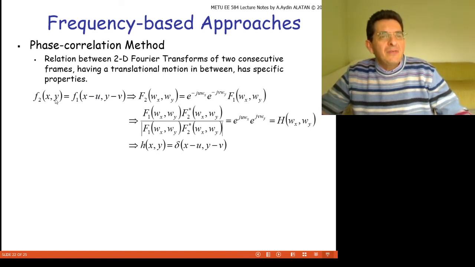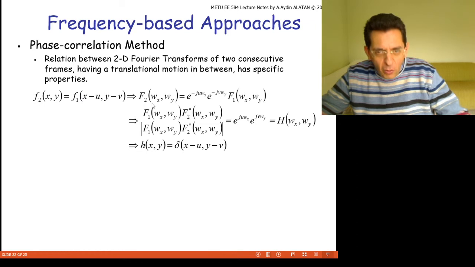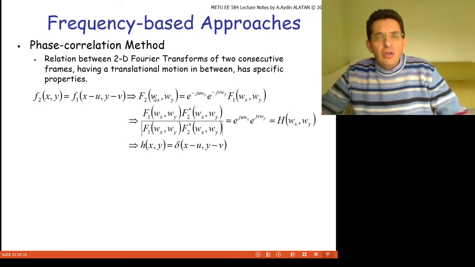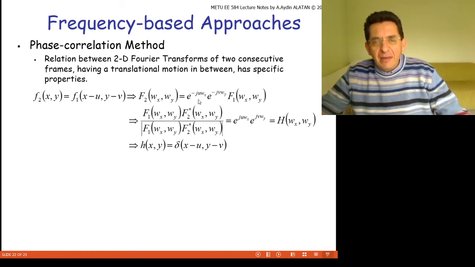Now, if we have such a relation between the time domain signals, from the Fourier properties we know that the corresponding 2D Fourier transforms should obey this. This is the famous time shift, or here the displacement shift property, where you have u and v displacements.